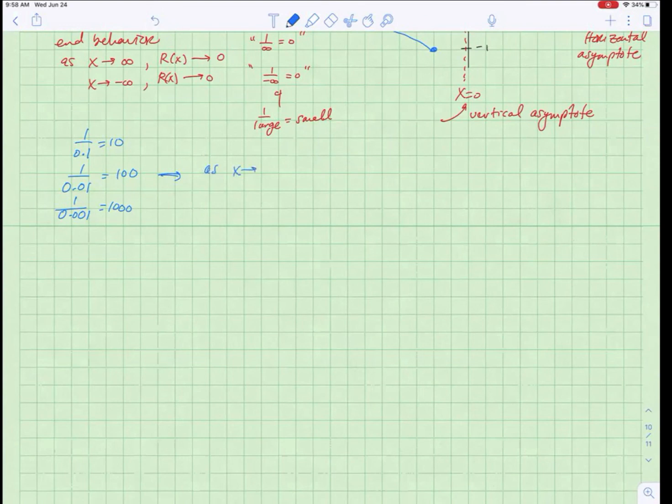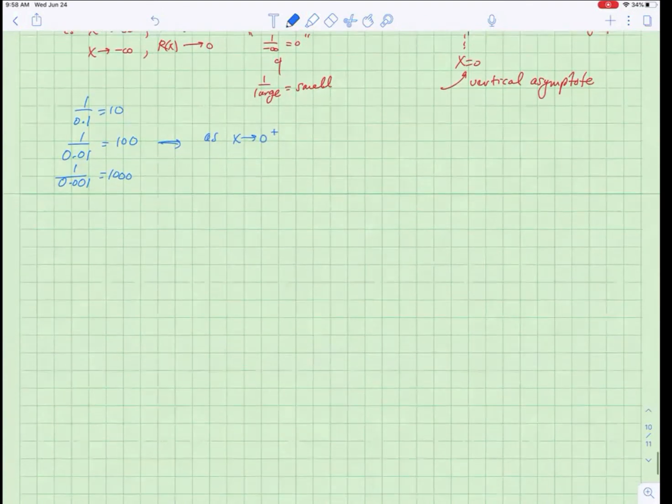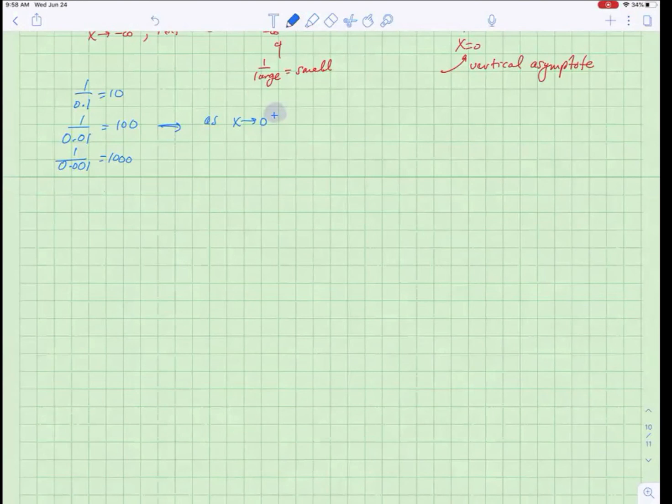As x approaches 0 with a little positive sign, this means x approaches 0 using x values larger than 0, then we can say r of x approaches infinity.